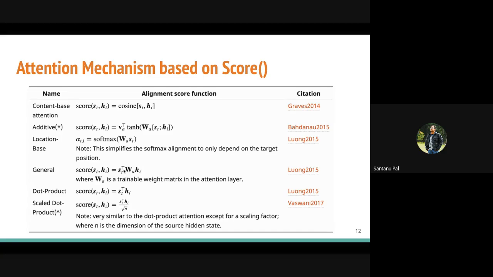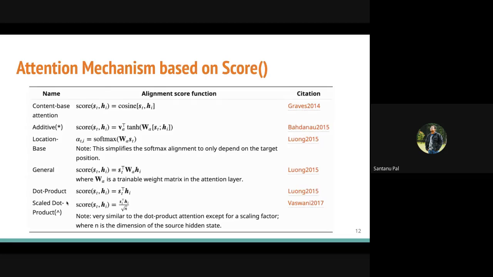So there is the dot product between source and target, weighted by some matrix which is trainable during the training process. Then it is again simplified. It is called dot product, which just does not use the weighted matrix.